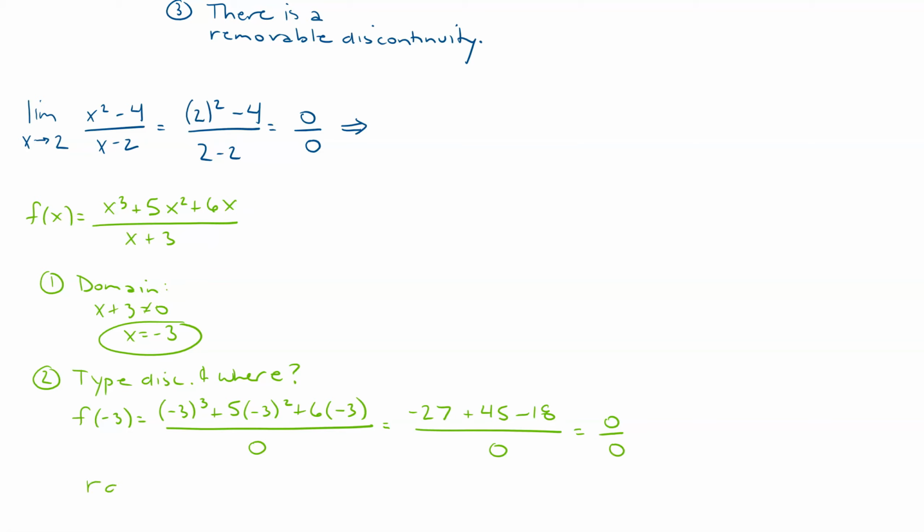That meant there was a removable discontinuity at the x value, and we needed to find the y value of the removable discontinuity. To find the y value, we came back to the original function, and we would factor, then cancel, and then substitute our x value into that new factored canceled version.